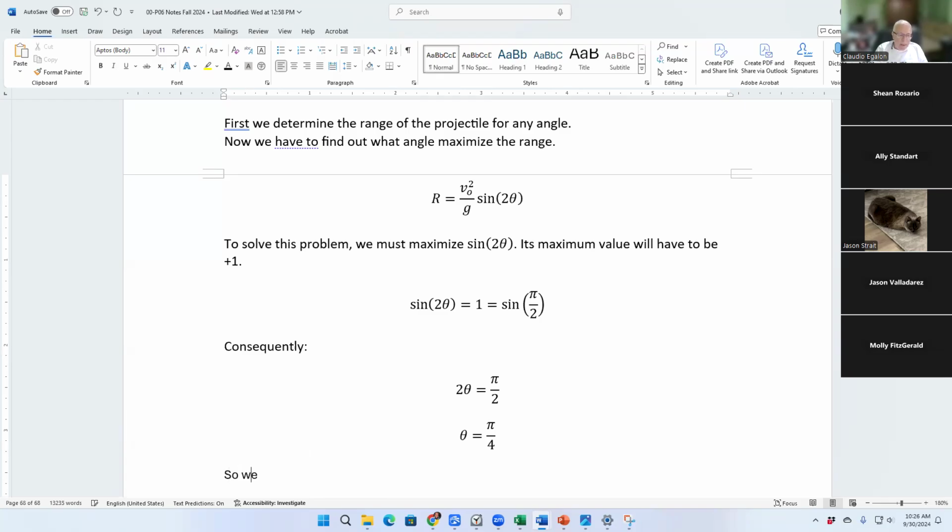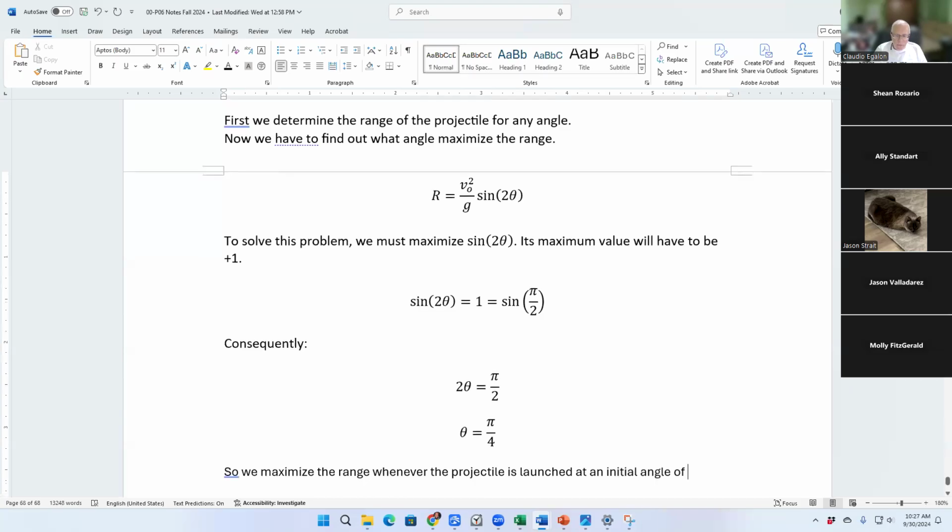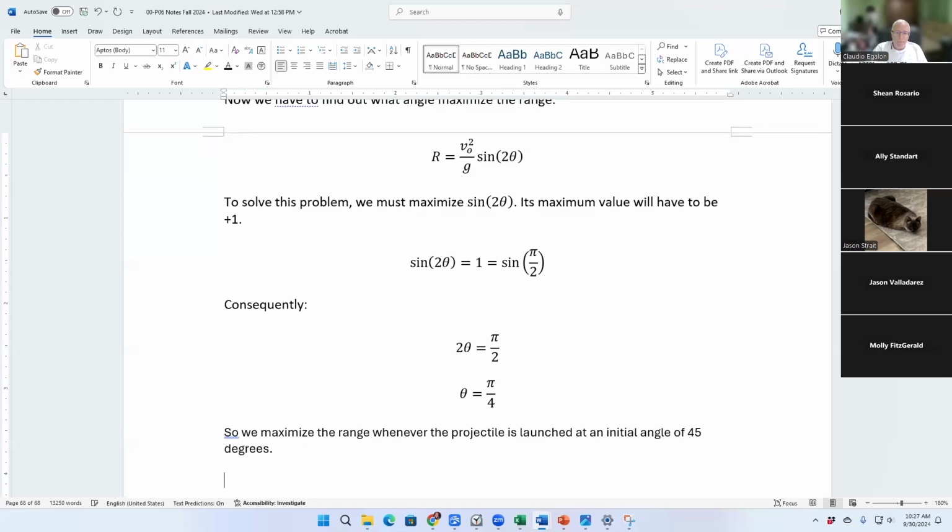So we maximize the range whenever the projectile is launched at an initial angle of 45 degrees. Okay?